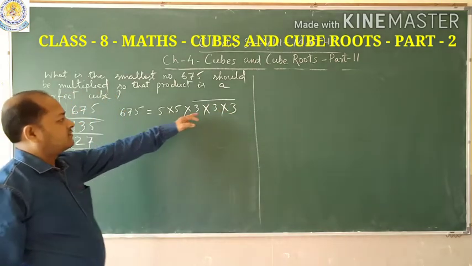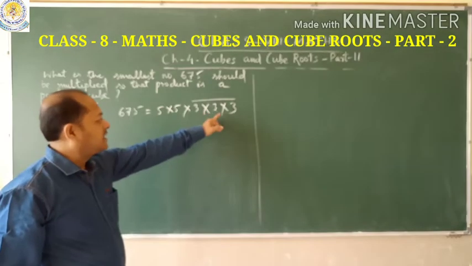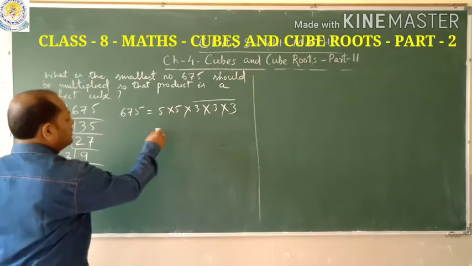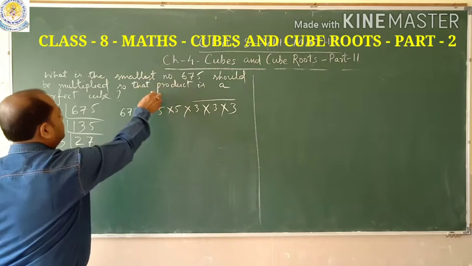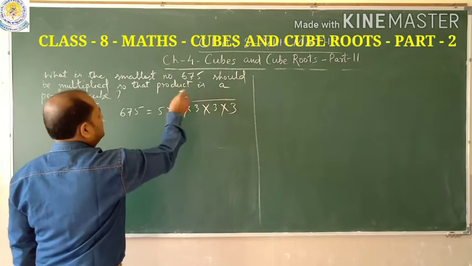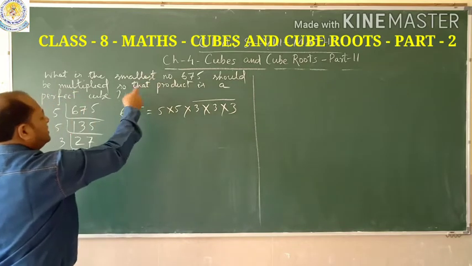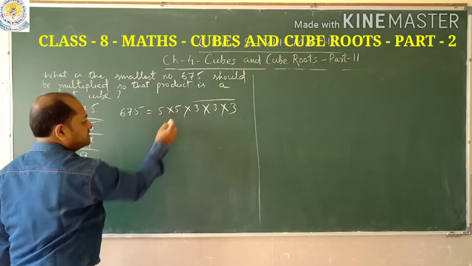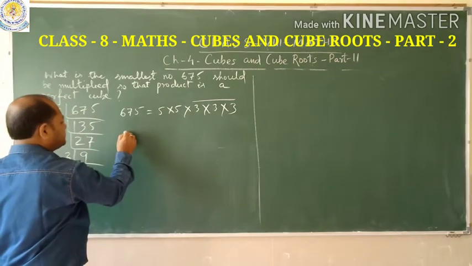So here we observe that the number 3 is in a triplet, but the number 5 is not in a triplet. So 1 more 5 is required. So according to the question, which smallest number is required so that it should be multiplied with 675 to get a perfect cube? So here we see that 1 more 5 is required. So write the answer.